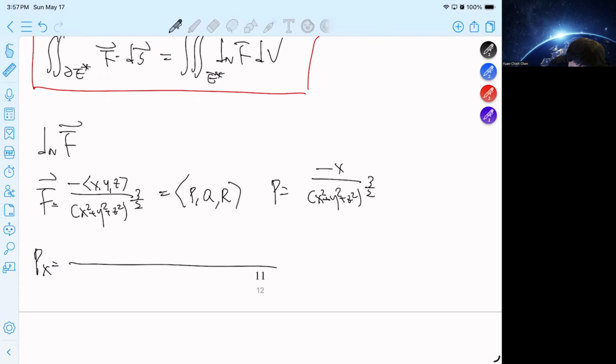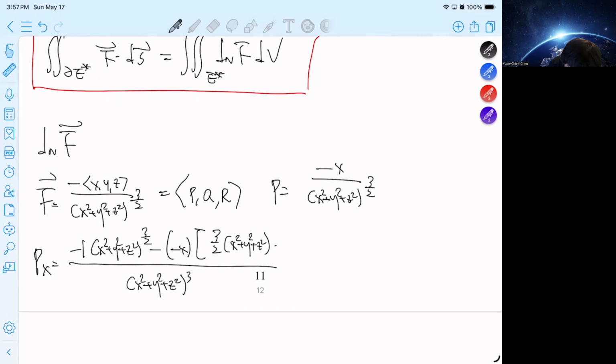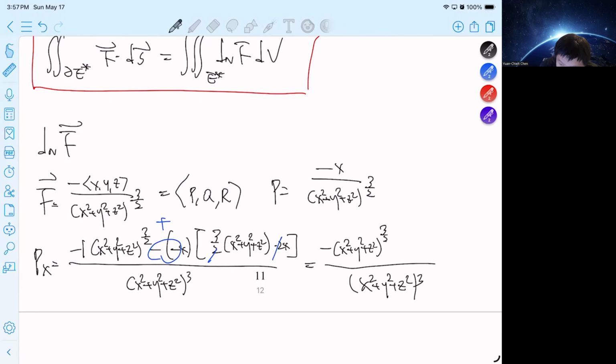The quotient rule gives us (x squared plus y squared plus z squared) to the power 3 in the denominator, and in the numerator negative 1 times (x squared plus y squared plus z squared) to the 3 over 2, minus the original negative x times 3 over 2 times (x squared plus y squared plus z squared) to the 1/2 times 2x. If we do the calculation, the minus minus becomes plus, and the 2 goes away, so we get negative (x squared plus y squared plus z squared) to the 3 over 2 plus 3x squared times (x squared plus y squared plus z squared) to the 1/2.